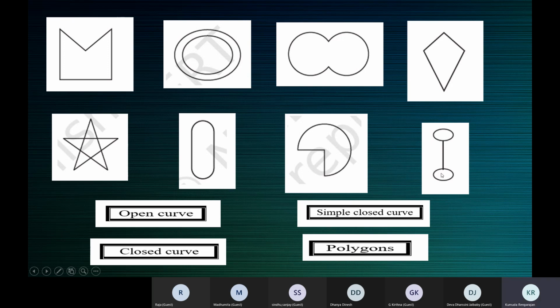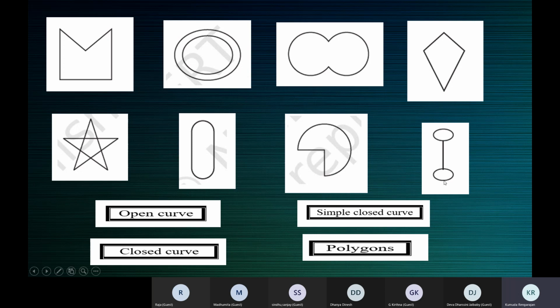See here, I'll do it again. Suppose you start from here. So we started here. This is the start point, this is the end point. You can start from different positions, okay? So the start and end points are not fixed.